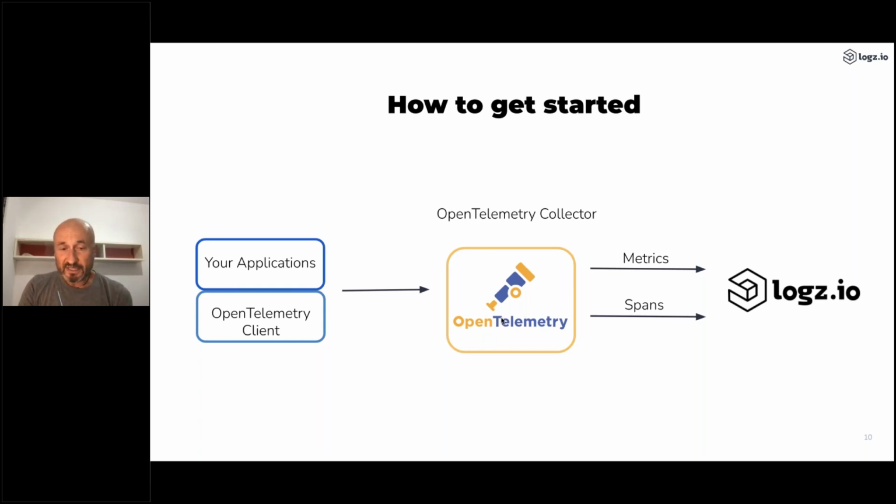What's important is that the same data that you use to instrument your traces and spans is used to get the metrics that are coming into the metric backend for service performance monitoring.